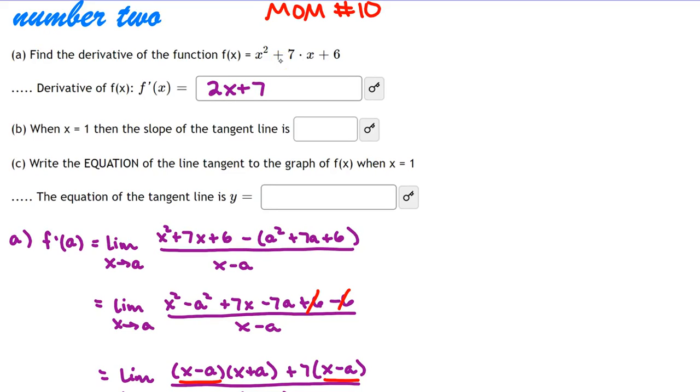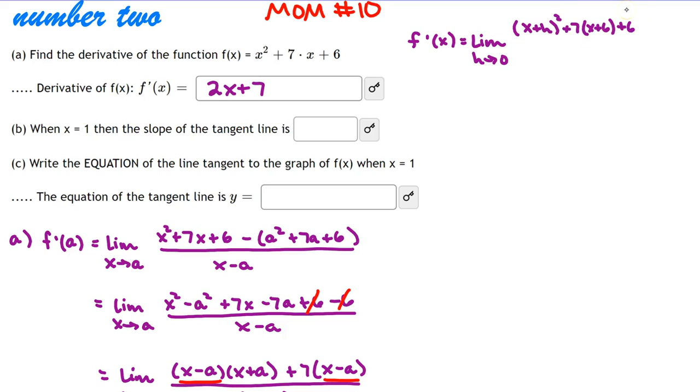Now let's go ahead and do it the other way just to see that we get the same answer both times. So this one would be f prime of x is equal to the limit as h goes to 0 of f of x plus h. So that's going to be x plus h quantity squared plus 7 times x plus h plus 6.